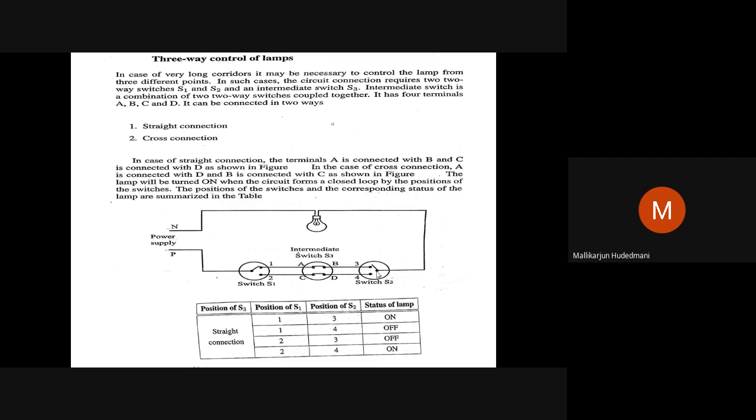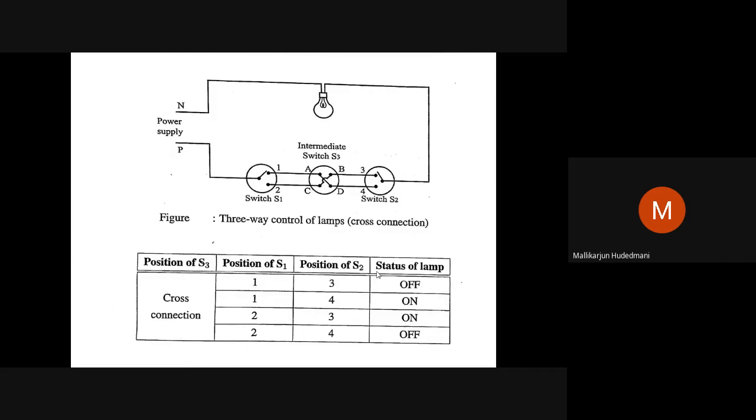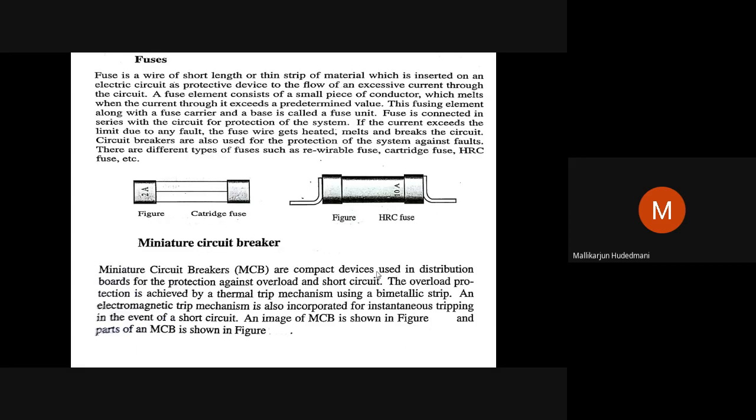So out of the total 8, when it is straight, 2 of the combinations are successful. When it is crisscross, the opposite 2 conditions are successful. Overall, out of the 8 combinations, 4 combinations turn on and the other 4 turn off. This is about 2-way and 3-way control of lamps.